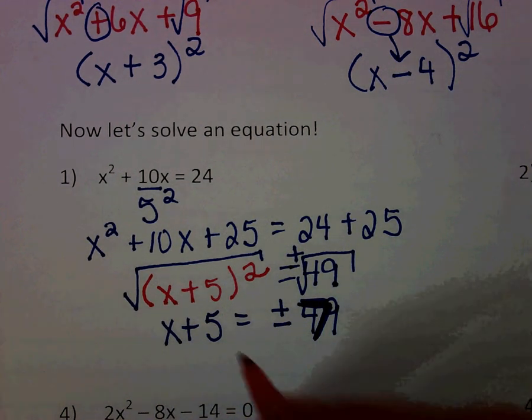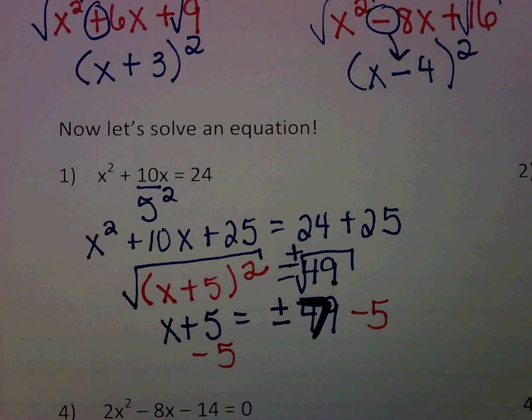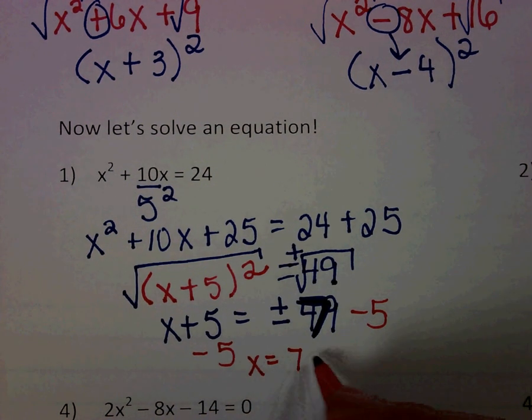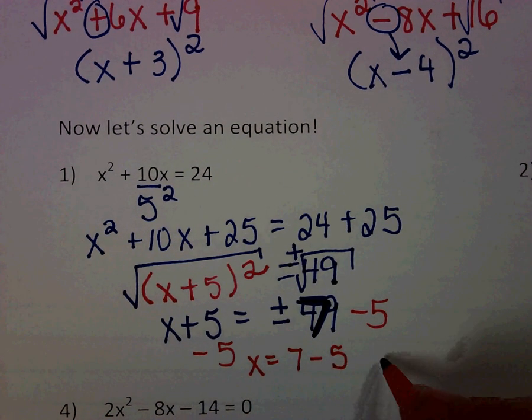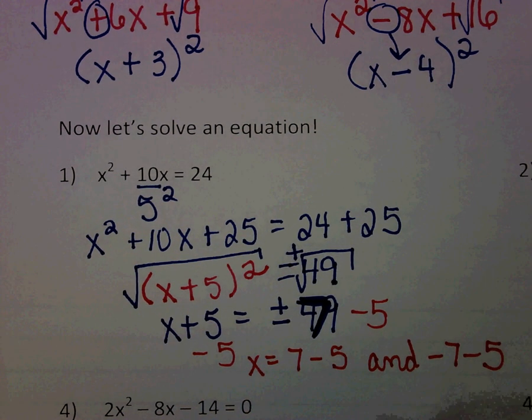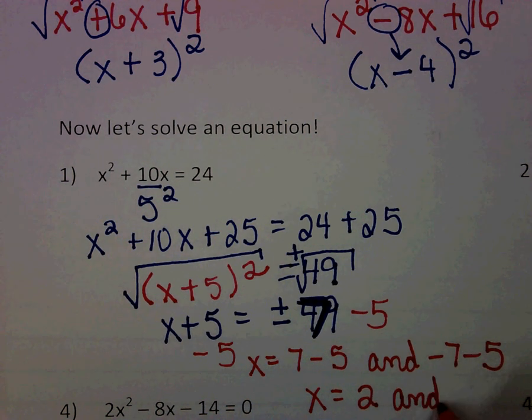So now we're going to subtract 5 from both sides. And so now we have two possible solutions. We have that x is equal to positive 7 minus 5 and negative 7 minus 5. So that means that our solutions are 2 and negative 12.